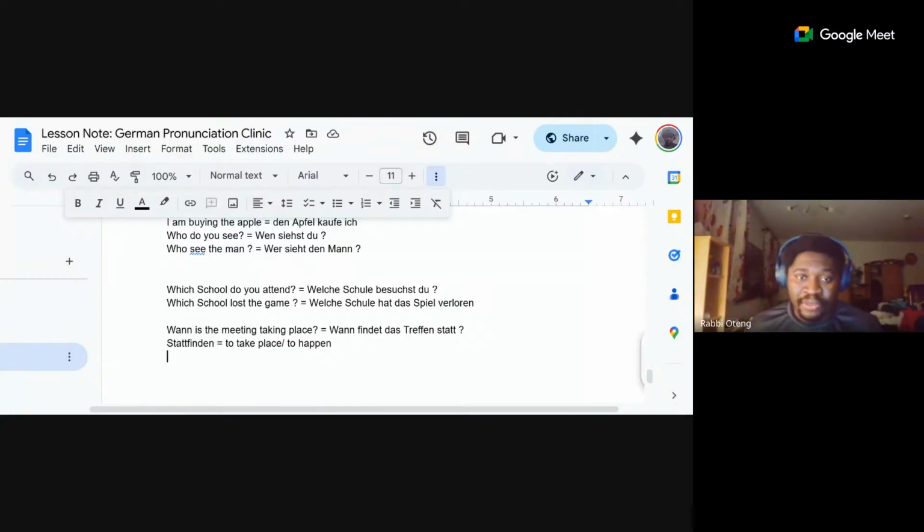So an example will be, how much does it cost? In this sentence, how much does it cost, the much is attached to the how. Klar.